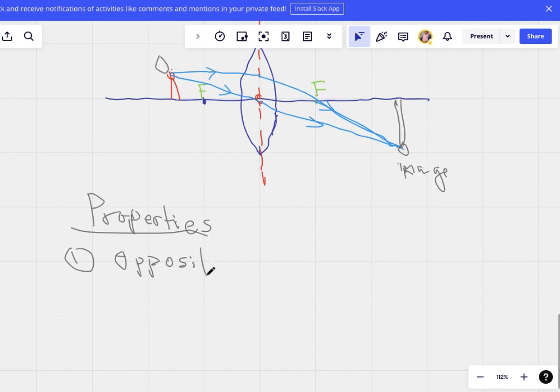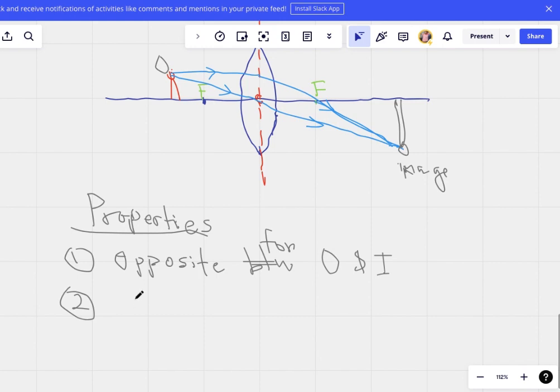You can see that the object is on the opposite side as the image, right? For the object and the image, they are on the opposite side. Both of them are.